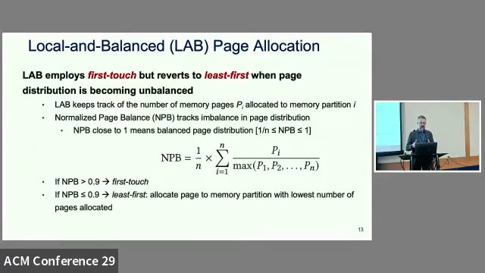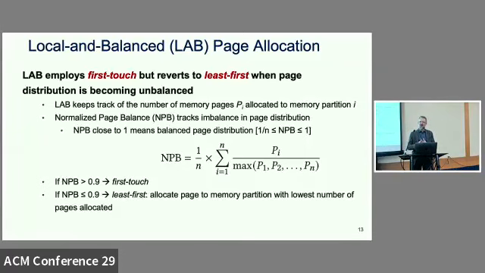In which case we allocate memory pages to the memory partition with the lowest number of pages allocated so far. The way we do this, we keep track of the number of memory pages allocated in each memory partition. We have a metric which we call normalized page balance, and when this NPB drops below a particular threshold, which we set to 0.9 in our experiments, we go for least first, and otherwise we go for first touch.